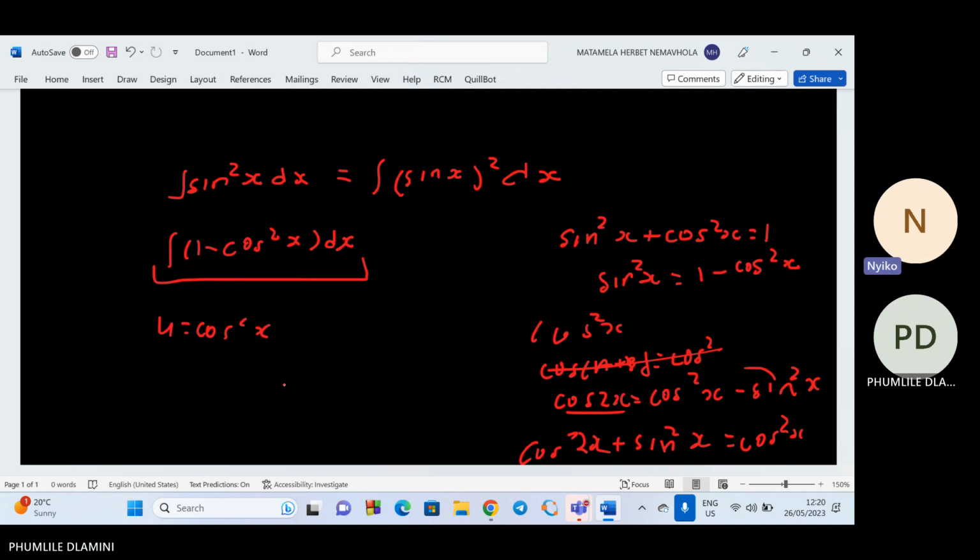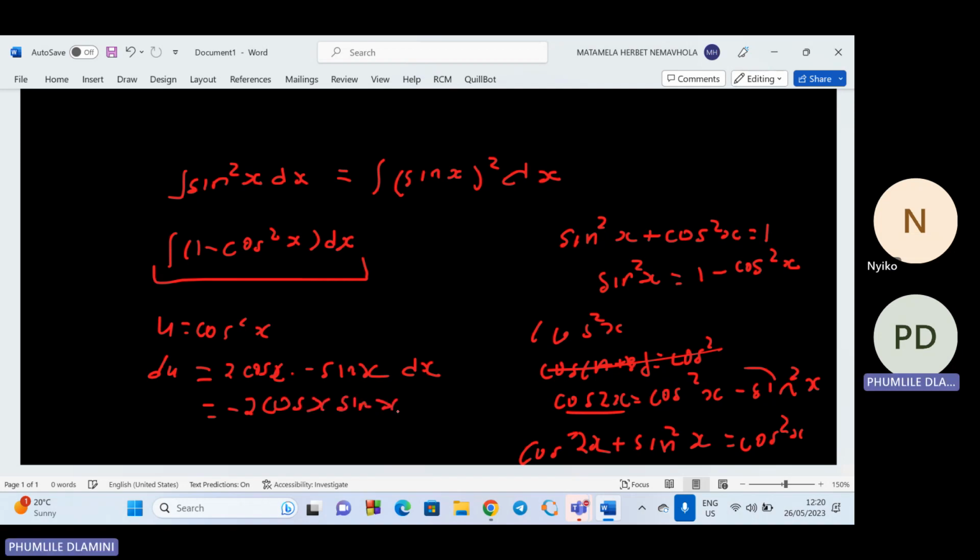Can't we differentiate it like that? So if we differentiate this one, our du is going to be equal to 2 cos x times negative sine of x dx, which is going to give us negative 2 cos x sine x dx.